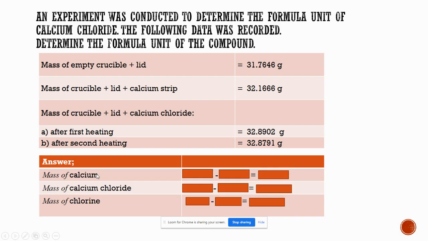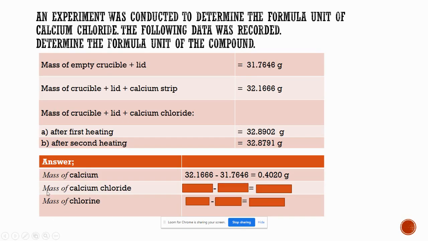We can get the mass of calcium by using the mass of crucible, lid and calcium strip minus the mass of empty crucible and lid. So the mass of calcium is equal to 0.4020 gram.